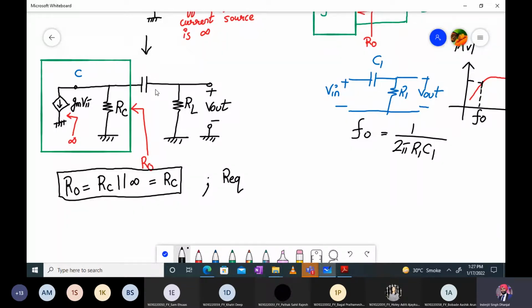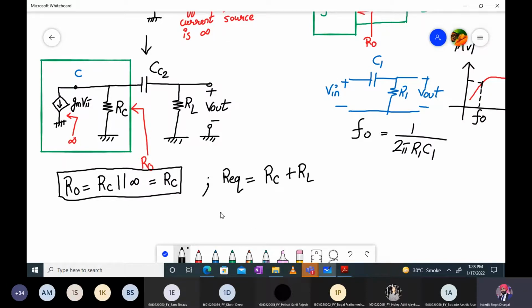So can you tell me what will be R equivalent seen by this capacitance? Anyone? It will be RC plus RL. Okay, the equivalent resistance will be RC plus RL.